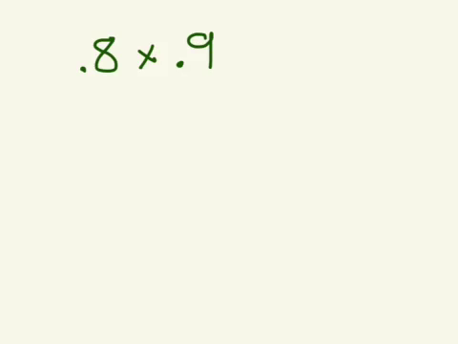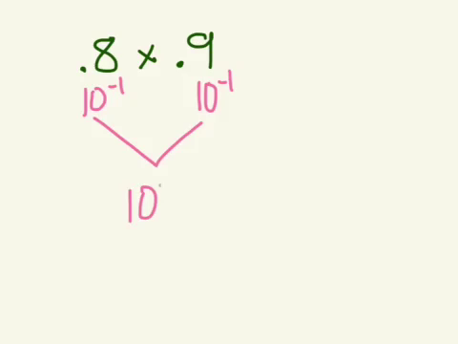The interesting thing about this is that since this is the 10ths place, that's like 10 to the negative 1. So when we're talking about powers of 10, each of these is 10 to the negative 1. So how many powers of 10 do we have? We have 10 to the negative 2 powers of 10. And that negative 2 is going to tell us where to move the decimal.